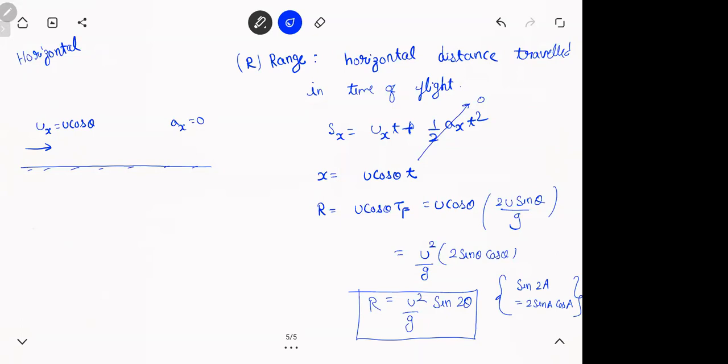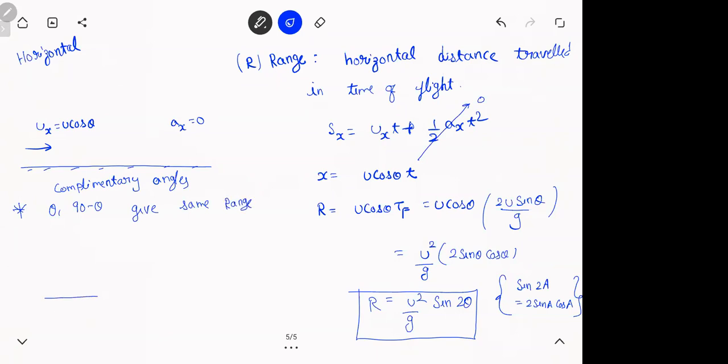Now here, when you see this information, we observe something. Theta and 90 minus theta are called complementary angles. Complementary angles are when the sum is 90. Theta and 90 minus theta give the same range. What is the meaning of that?